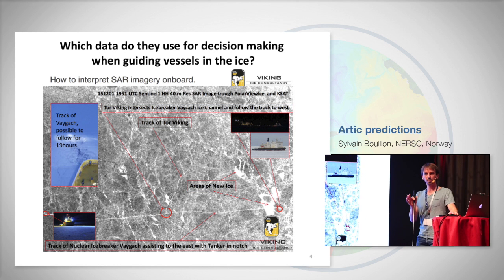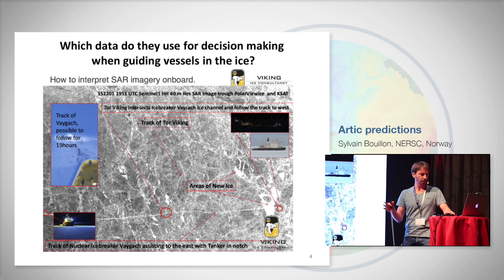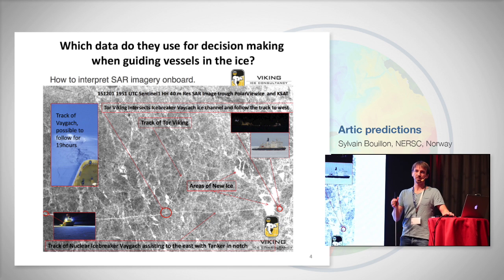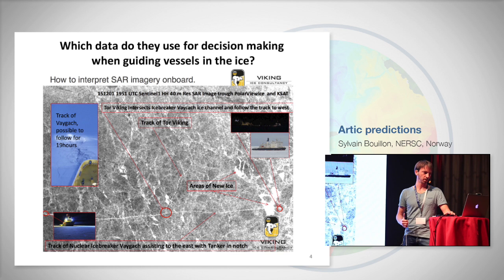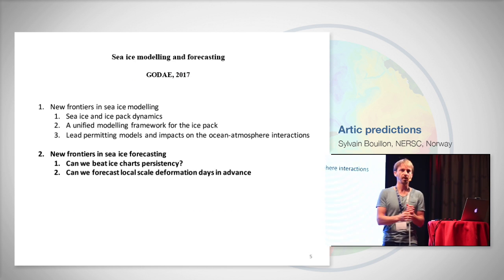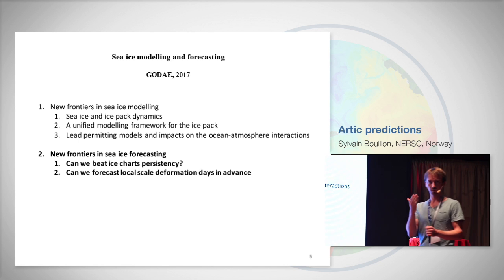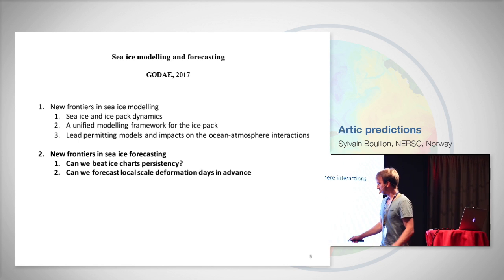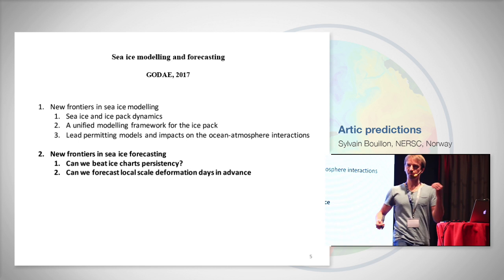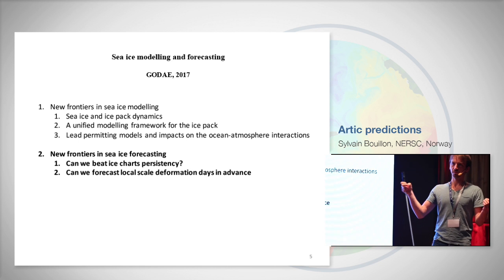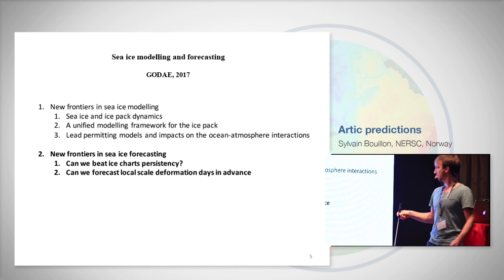So these are the two types of information they use at the moment and they trust: ice charts and SAR images. So to convince them to use our forecast, what we should do is to show that we can beat ice charts persistency, so that we can provide better information than the latest available ice chart.